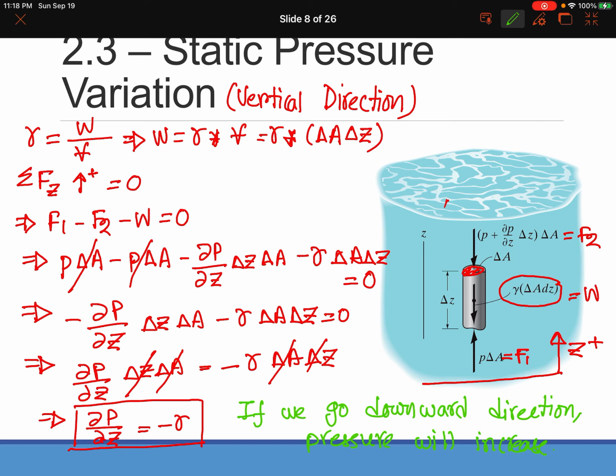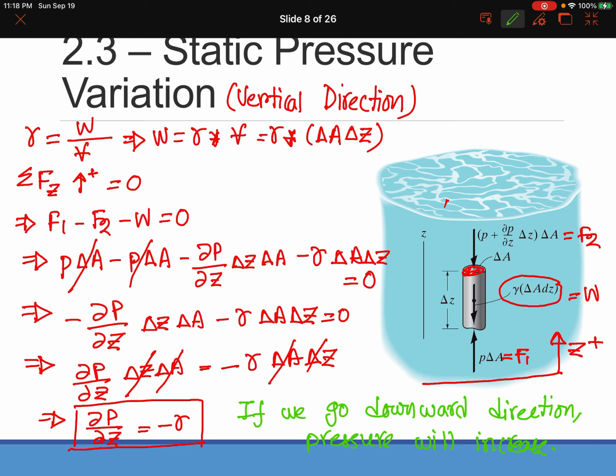And you can imagine that, obviously, the more you go downward, the more material will be on top of a specific point, so obviously the pressure will be higher at that point. So that is the relation. The pressure variation depends on Z, which is the depth, and gamma, which is the specific weight, one of the fluid properties. Based on these two, we can calculate the pressure variation in vertical direction.